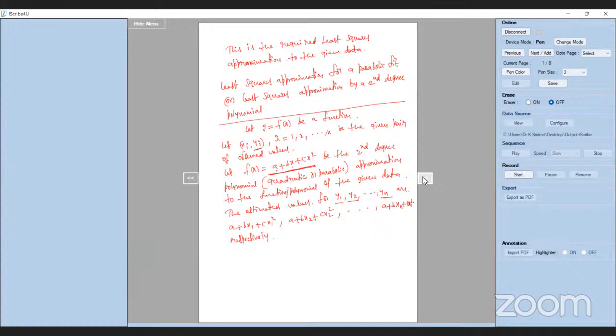Now, the difference of observed value and the estimated value: y1 minus this estimated value, y2 minus this one, and yn minus this estimated value. So the difference of observed value and estimated value is known as the deviation.